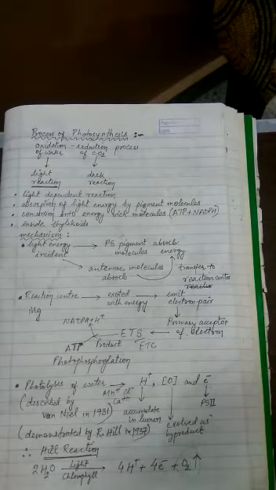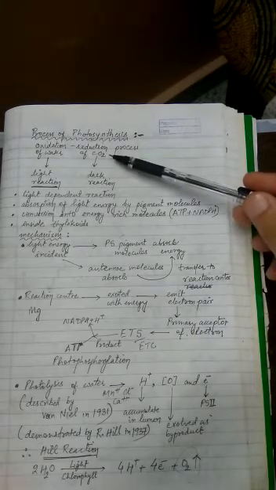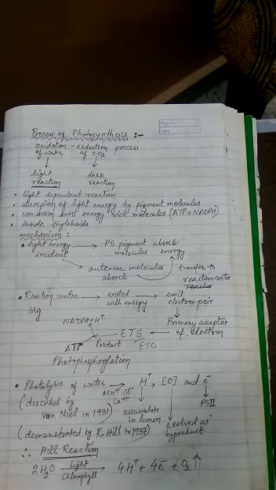So the H or you can say protons which are released are picked up by the NADP, and NADP reduced into NADPH2. This NADPH2 or NADPH would go into dark reaction, during which the NADPH2 will liberate the H, and this H will go and interact with the carbon dioxide, or you can call it as reduction of the carbon dioxide to form glucose molecule. This occurs in the dark reaction.